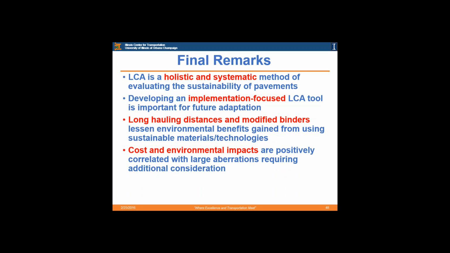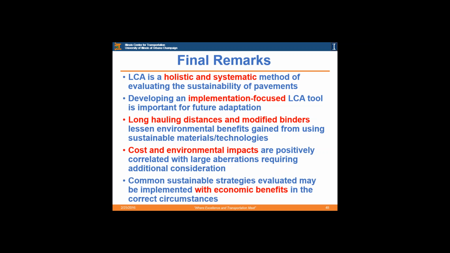And then finally, we looked at some common sustainable strategies, and we saw with analysis that many of those strategies have both economic and environmental benefits, which happens in the correct circumstances, depending on the specific context of the project.